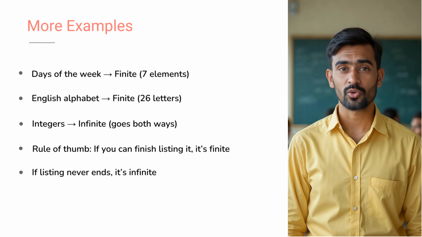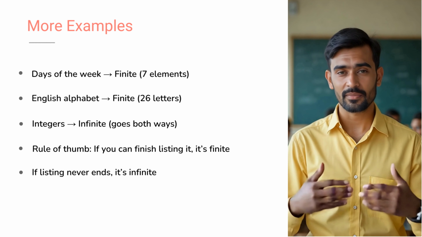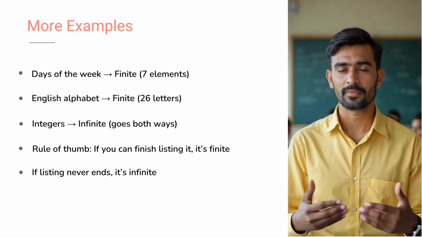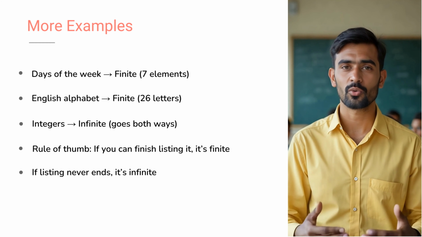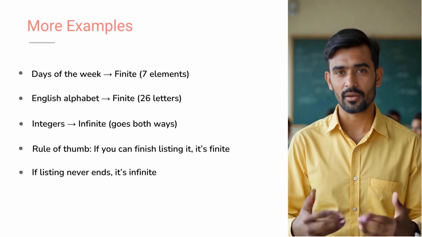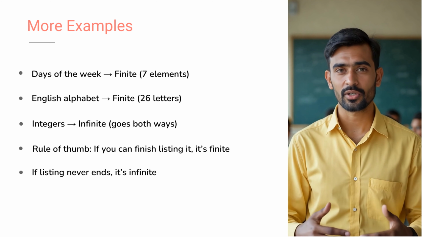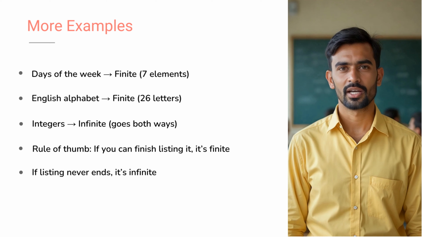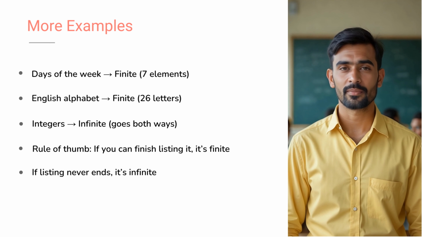Let's go through a few more examples. Suppose we want to define a set of all odd natural numbers. We write D = {x | x = 2n - 1, where n belongs to natural numbers}. This gives us the set 1, 3, 5, 7, and so on.